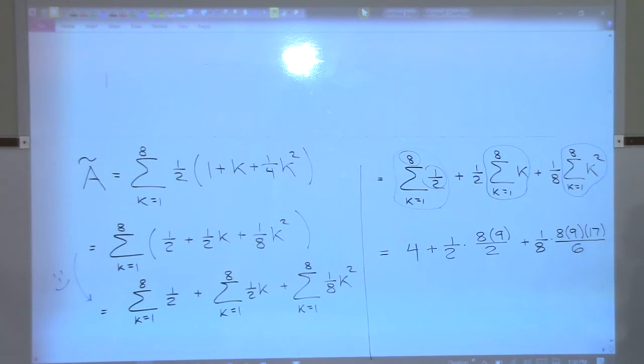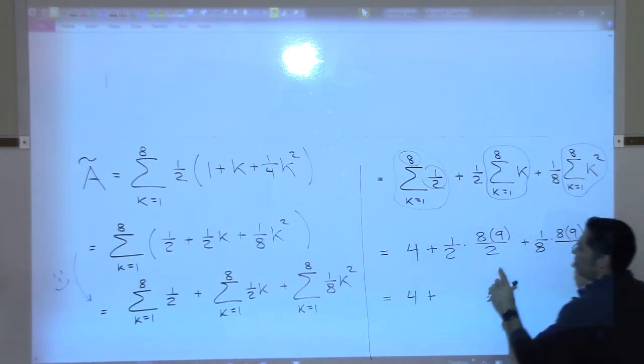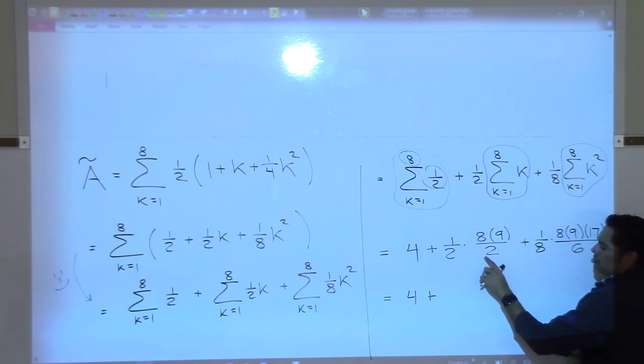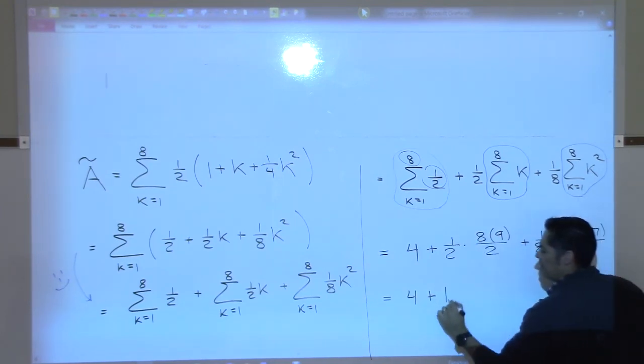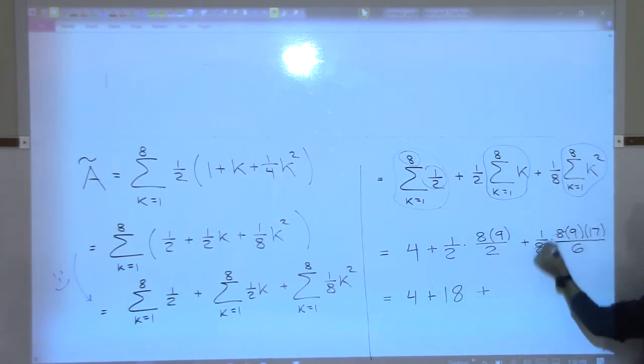And I think we can clean this up. This is 4 plus, okay, what can we do here? 2 times 2 is 4, 4 goes into 8 twice, so we should get 18 there on that one. And then on this one, the 8s go away. I can go, 3 goes into here twice, 3 goes in there 3 times. I'm going to leave it as, you want to go 25.5?